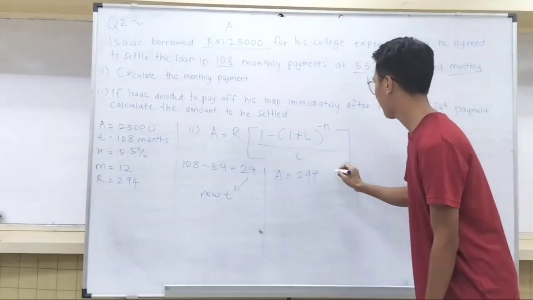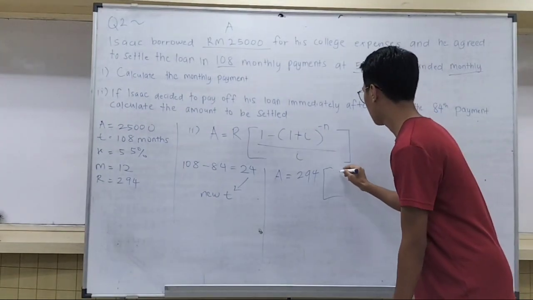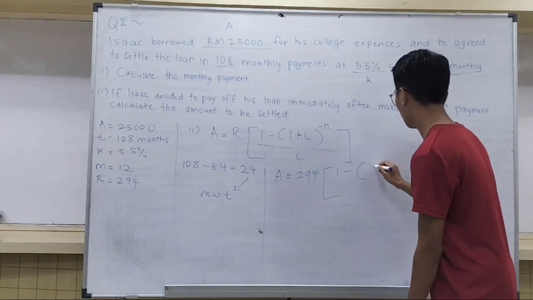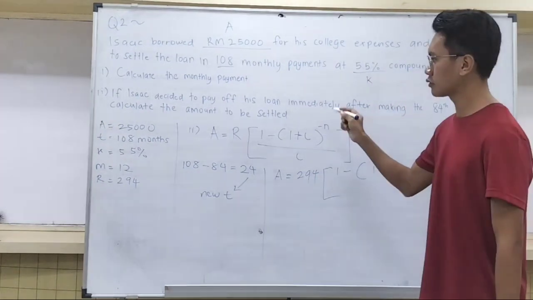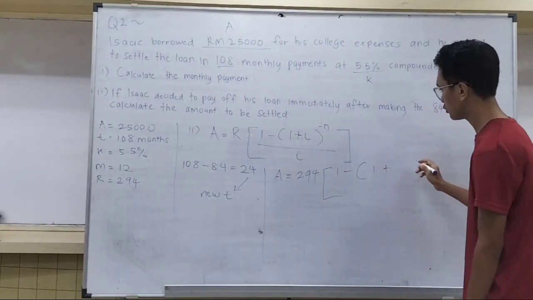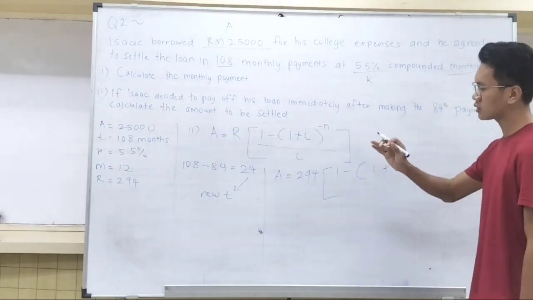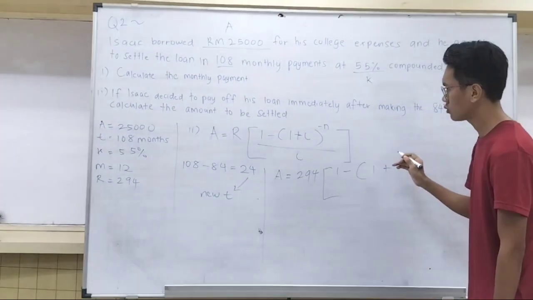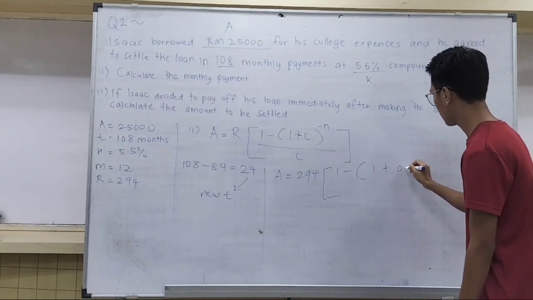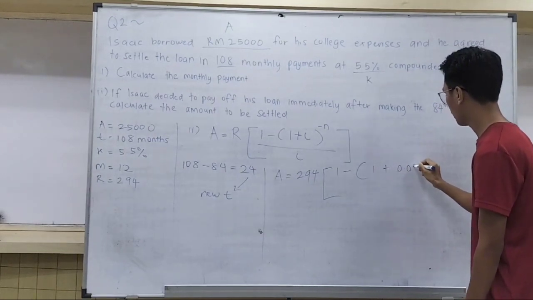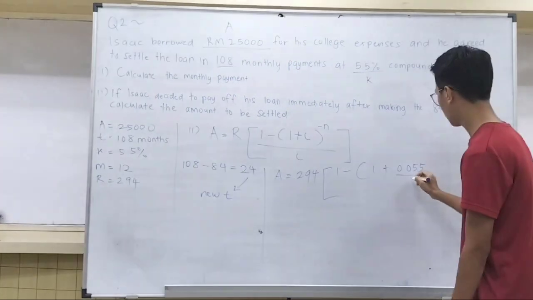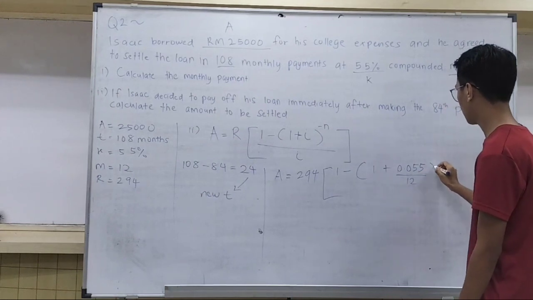So bracket, 1 minus bracket, 1 plus i, which refers to k per m, right? So k is 5.5%. We need to change it to 0.055 per 12. Then bracket.